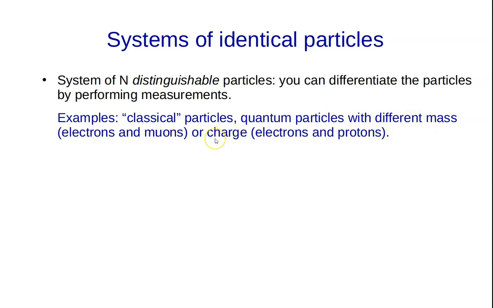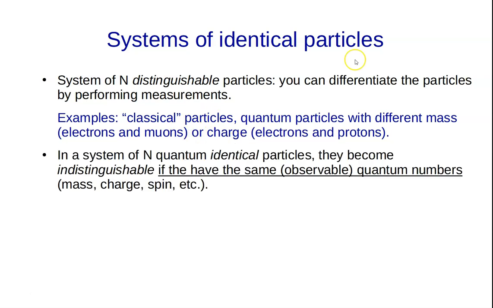They might even have different masses or different charges, and you can differentiate them, right? This is what you call a system of distinguishable particles. And you can differentiate the particles by performing measurements and tell which one is which. So the electron is doing that, the muon is doing that, and the proton is doing that, right? They might even form a compound state, but it's made out of distinguishable particles.